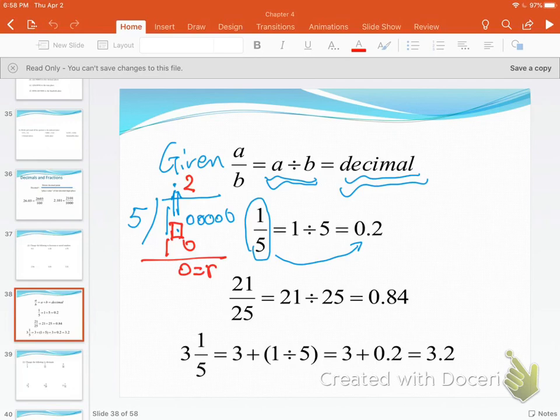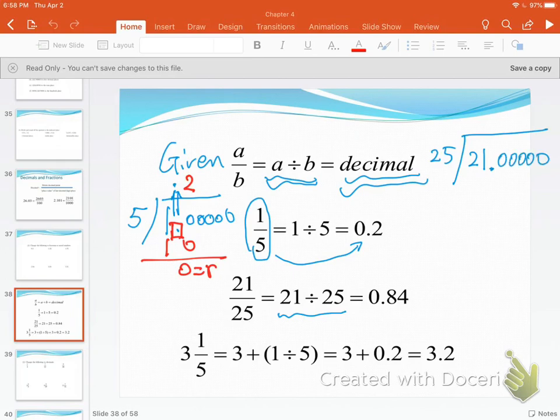The second example is a little bit harder. 21 over 25. So the division is 21 divided by 25. We will do it here. We know the answer should be a decimal answer, so we put a decimal point inside the dividend. Add 5 zeros.